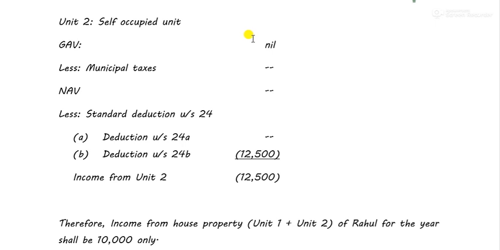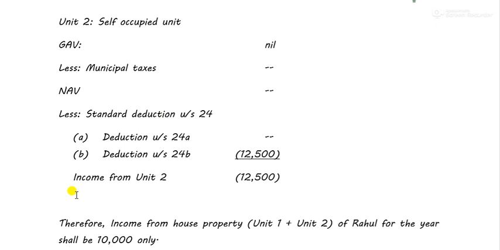If there is no municipal value, how will you deduct the municipal tax? So municipal tax will be nothing, and NAV will also be nil. Now coming to the deduction, this 30% deduction cannot be taken because 30% of what? There is nothing to calculate 30% on. There is no basis.